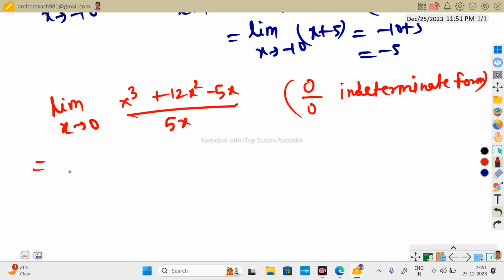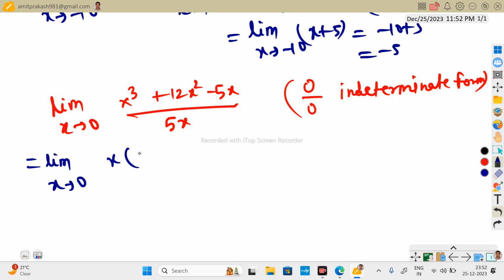So we remove this indeterminate form by cancelling out the factor x, for which this becomes 0 upon 0.